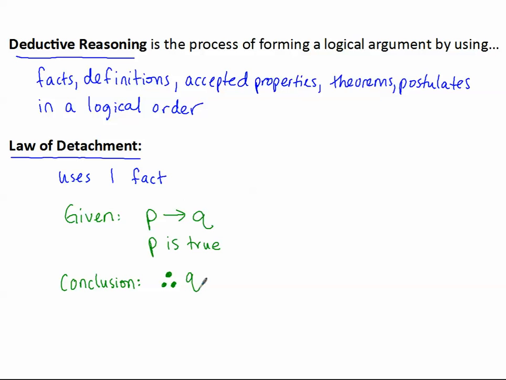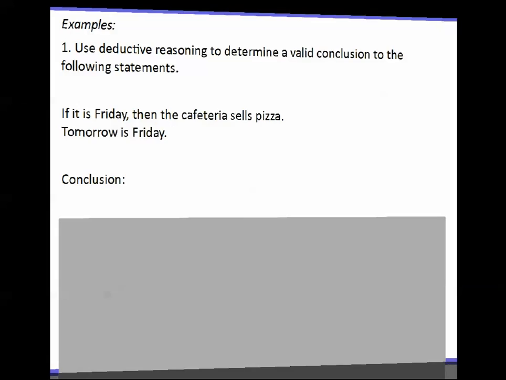Q must be true too. So Q is true. Notice we must go in the order starting with the hypothesis, the P, and then ending with the conclusion, the Q. Must go in that order because remember the converse is not always true.